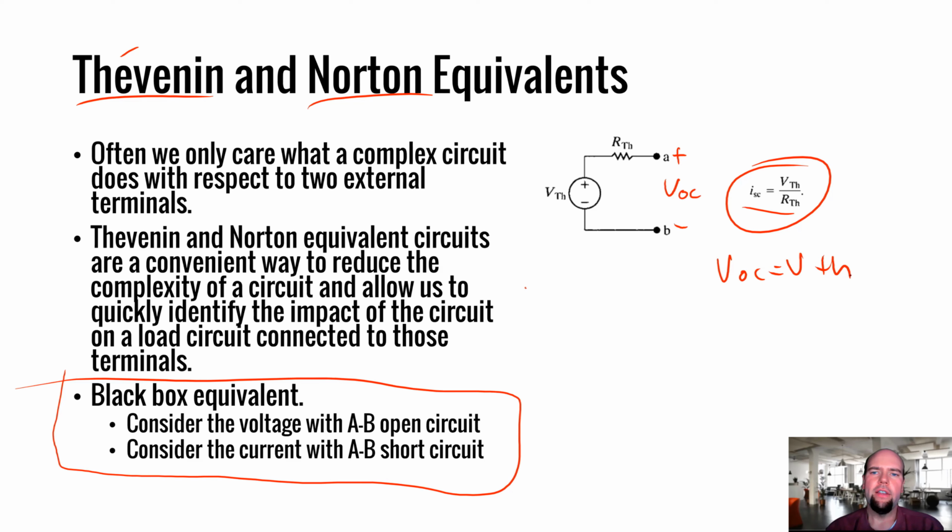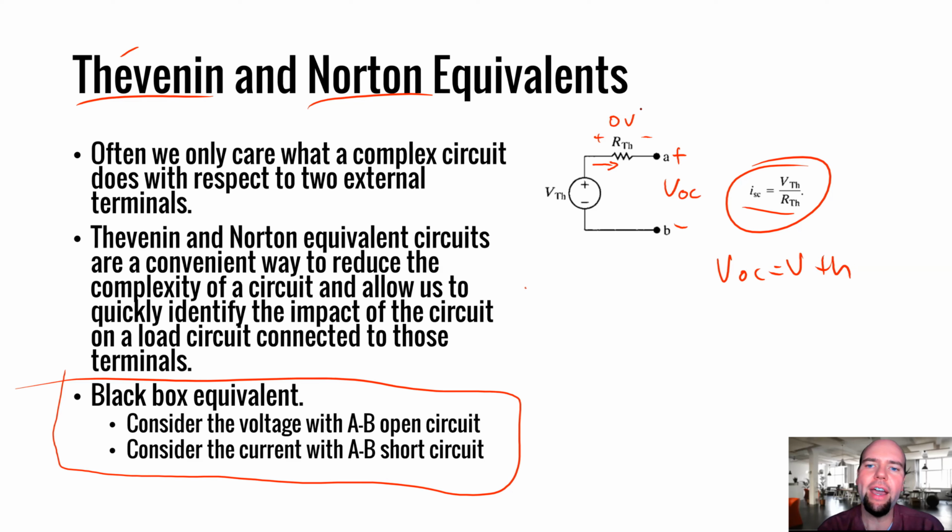Why? Well, because one of the features of leaving these terminals open circuit is, what's the current flow here? 0. We have no current flow here. And if there's no current flow, then what's the voltage across this resistor? Also 0. So if we have no current flow through a resistor, we've got no voltage across it.